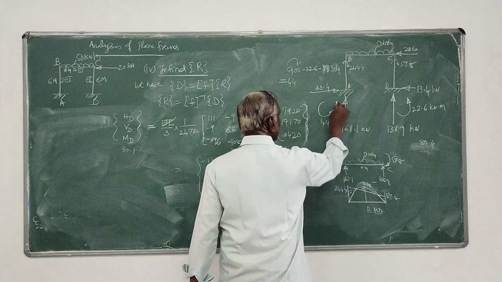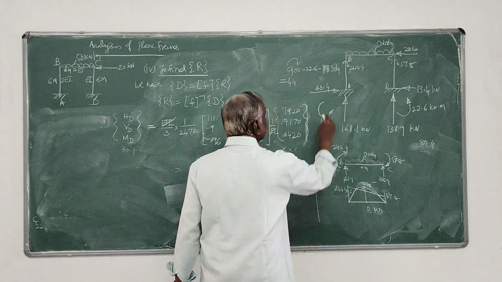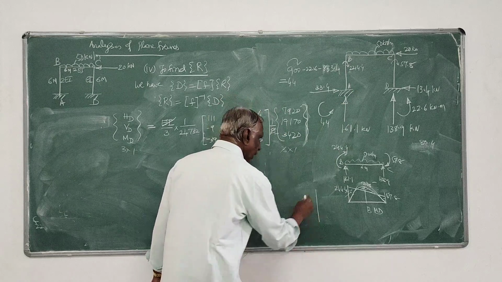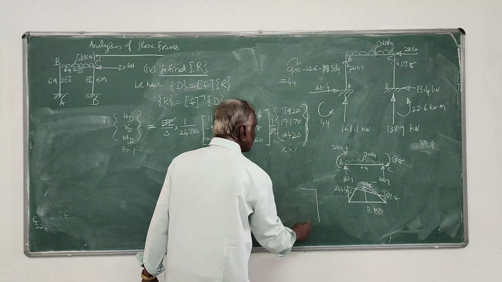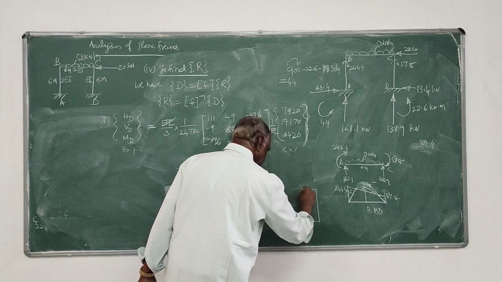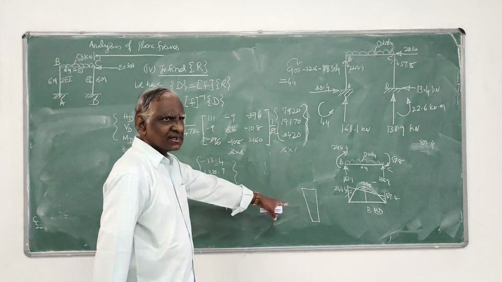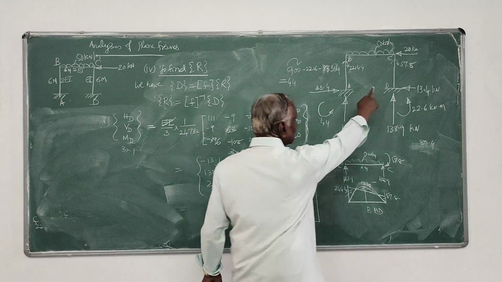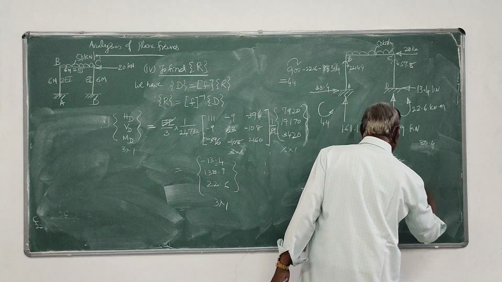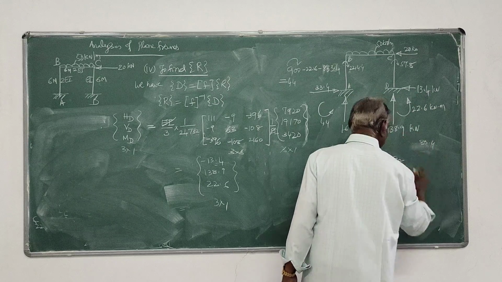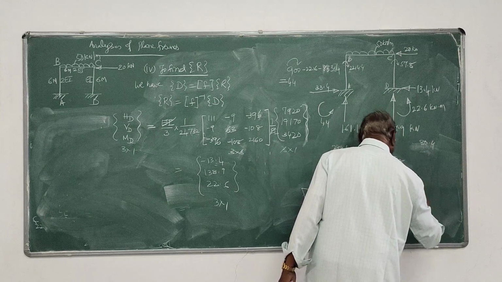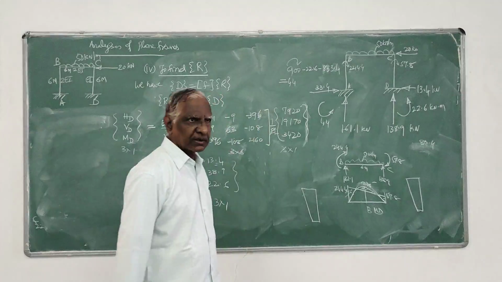And for the column, here you got 244.4, that is this side. Here also it is 44. I don't know whether it is the same sign or not. This here, it is this way. Here also it is 22.6.